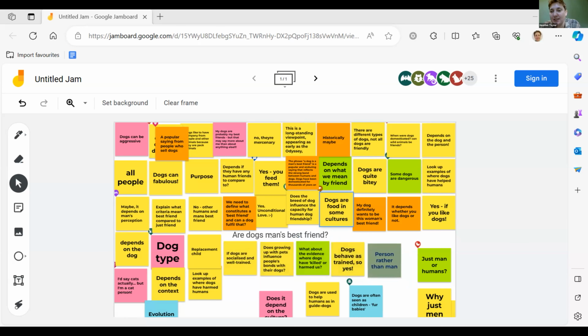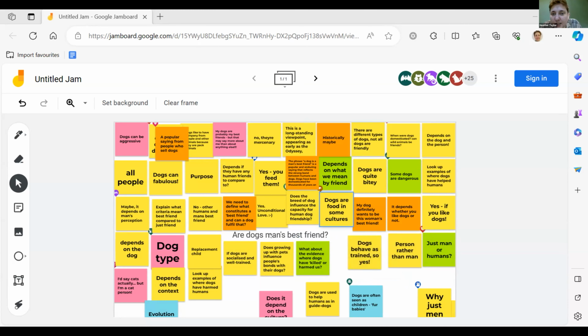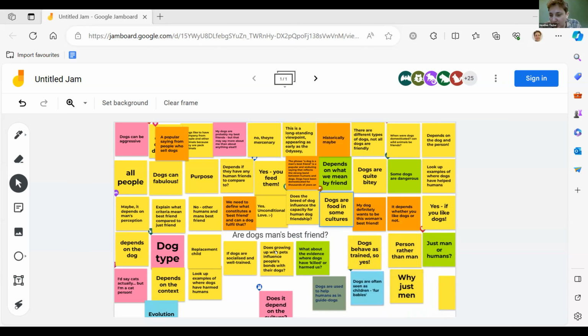That doesn't necessarily mean that dogs aren't necessarily going to be a good friend for human beings. It can depend on if you're raised in the country or city. Dogs can be pets or working partners. Yeah, there's a lot of cultural variation, cultural relevance and so on in relation to this question.